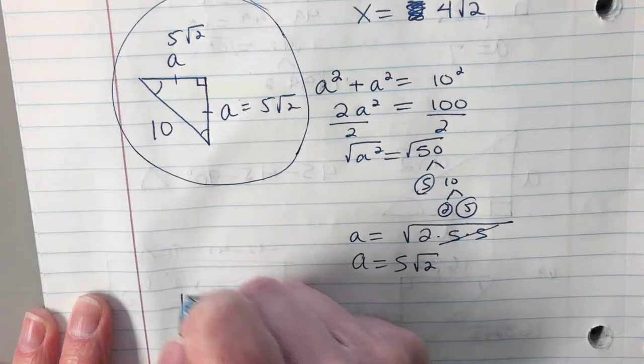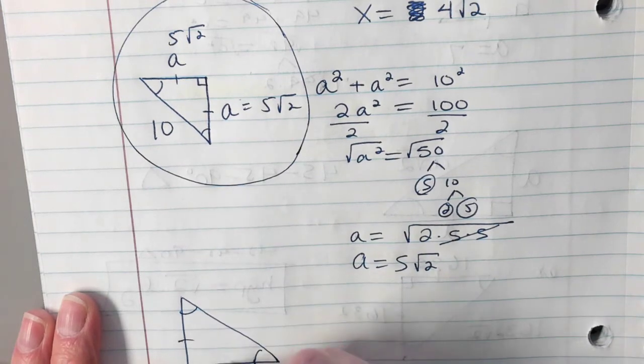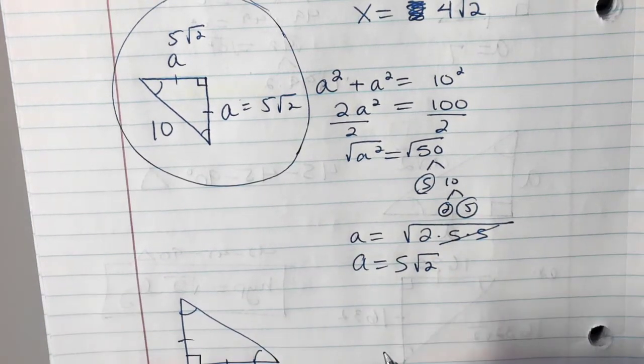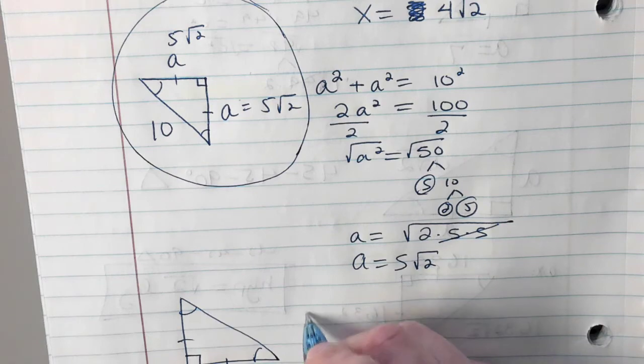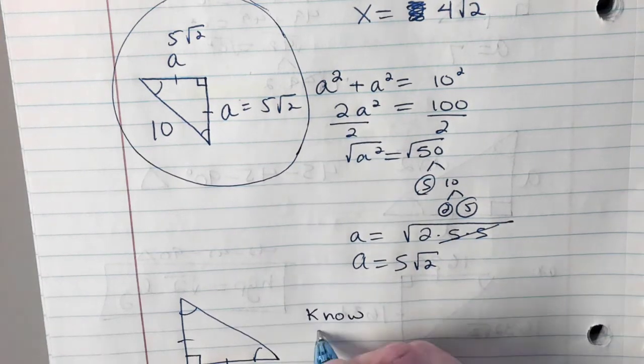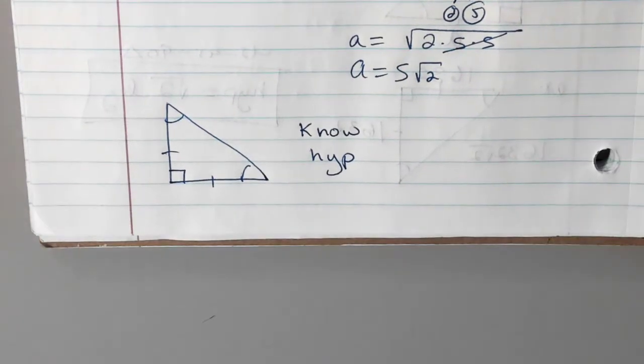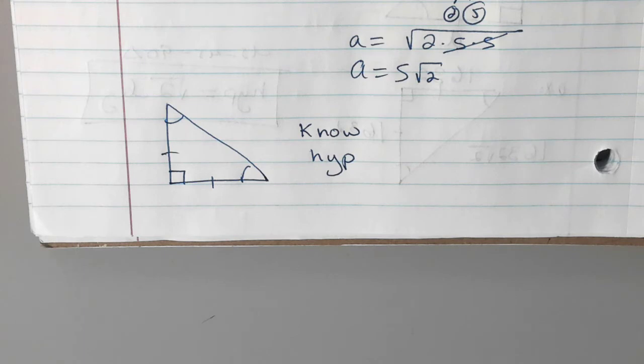If we have a 45, 45, 90 triangle, if I know the hypotenuse, I can find the leg.